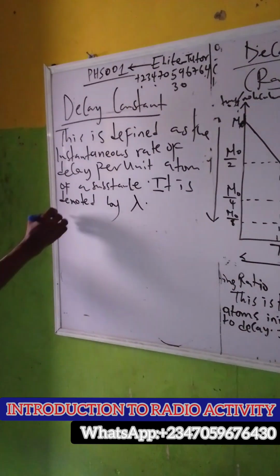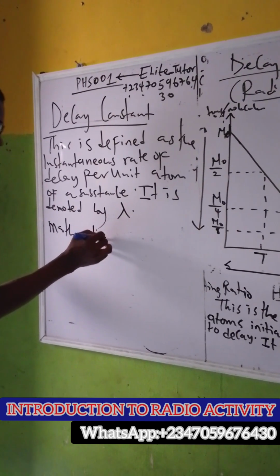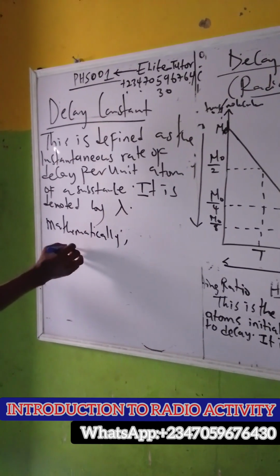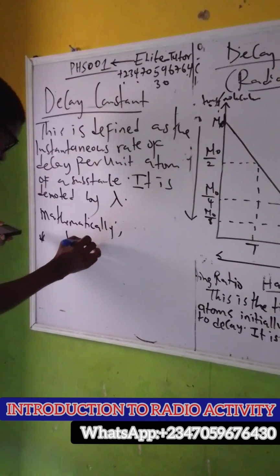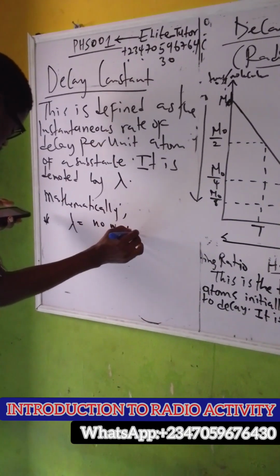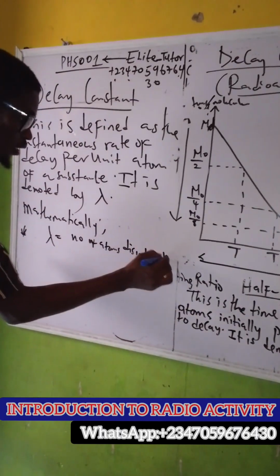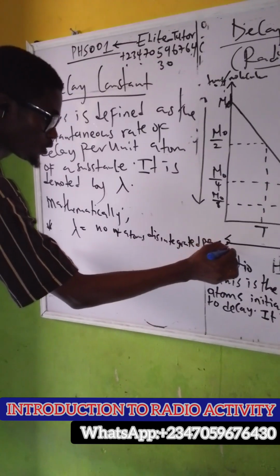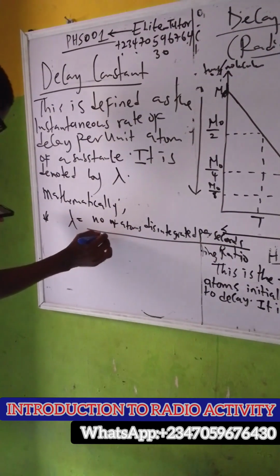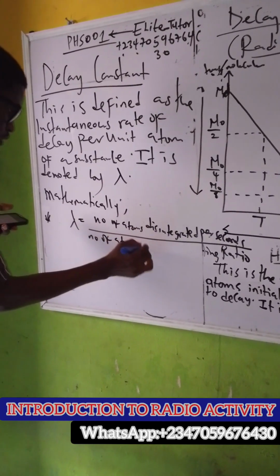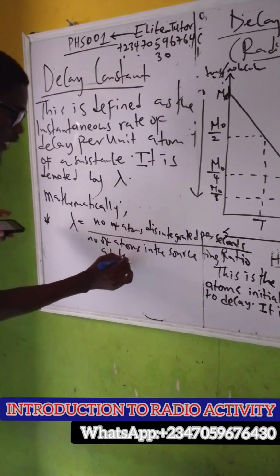Mathematically, we have that the first formula is number of atoms disintegrated per second divided by number of atoms in the source at that time.